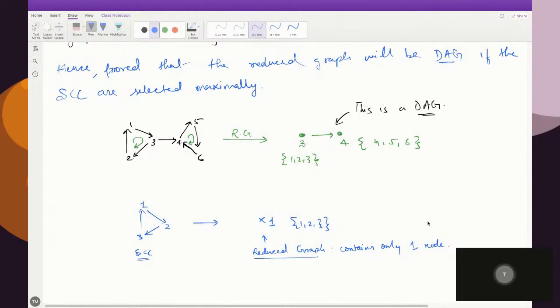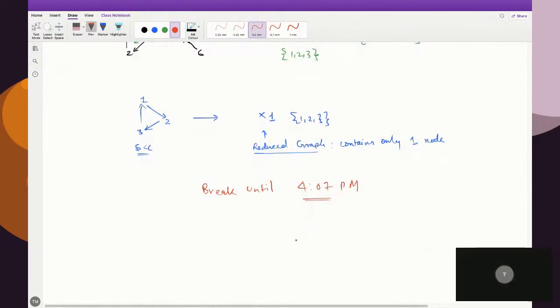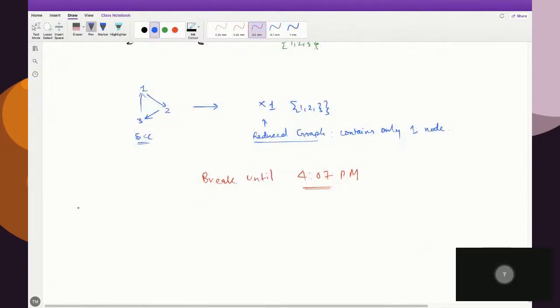Okay, so now it is time for a break. Break till 7 p.m. And after the break we are going to talk about a few important things. The Kosaraju algorithm, and if time permits, then I'm going to talk about Tarjan's algorithm also.